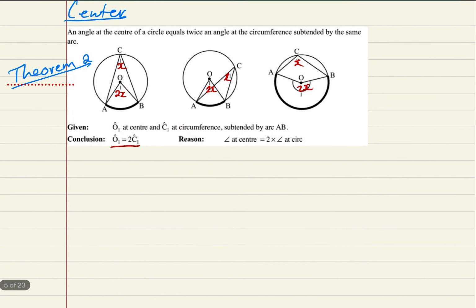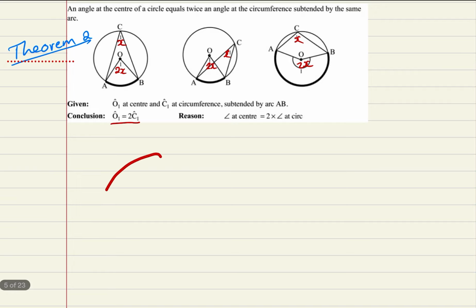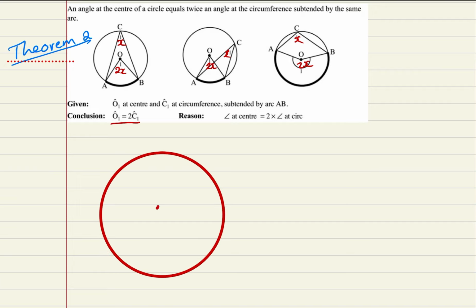Before I go to the problems, it is important that we know that all these three mean one and the same thing: angle at the center is twice angle at the circumference. Either way, sometimes they even give us a shape like this, where this is the center.